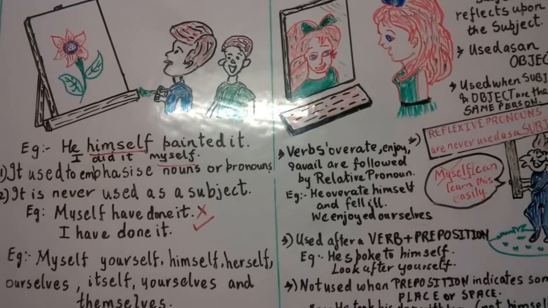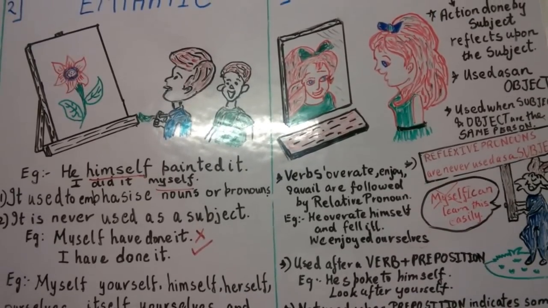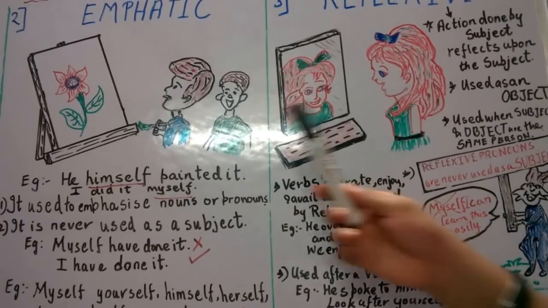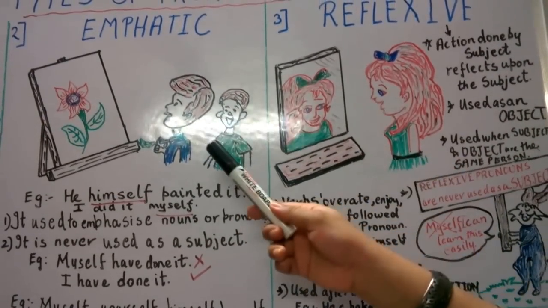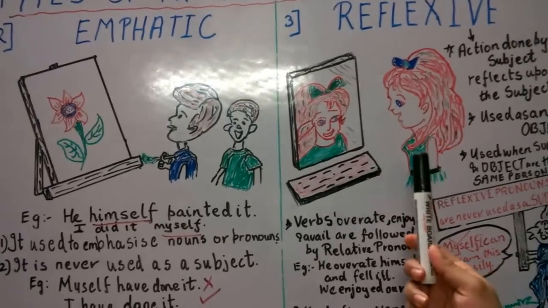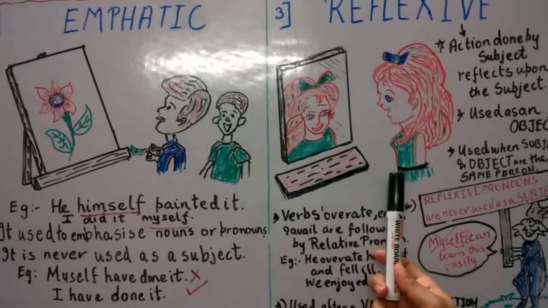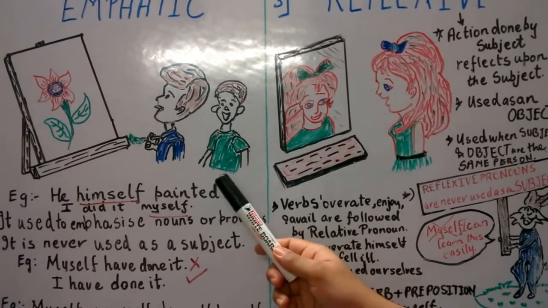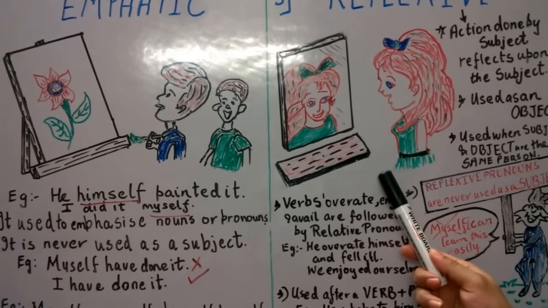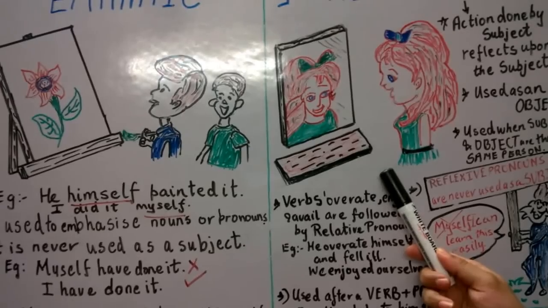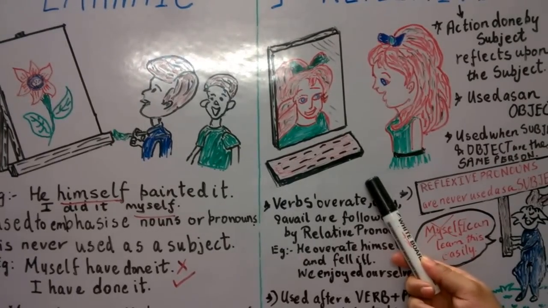The object comes after the verb. Always remember, emphatic comes before the verb. The emphatic and the reflexive may come before or after the verb, depending on which context is used and what it means.